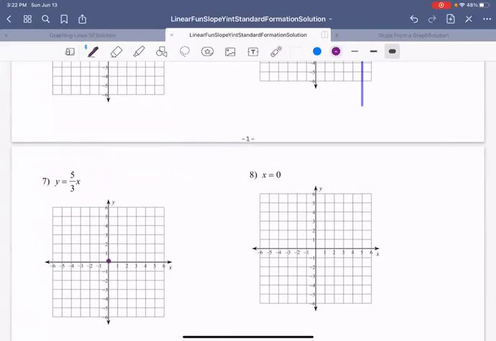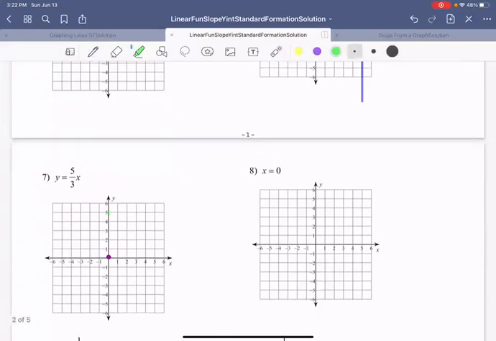And then you rise by 5, and then you run by 3.